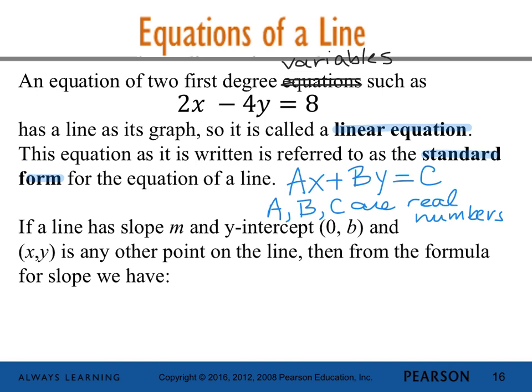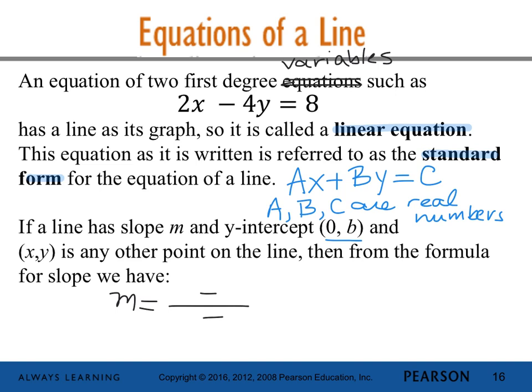If a line has the slope of m and a y-intercept of (0, b), notice the difference here, and (x, y) is any other point on that line, then from the formula for slope, here's what we would have.